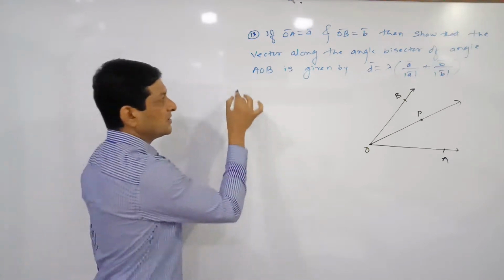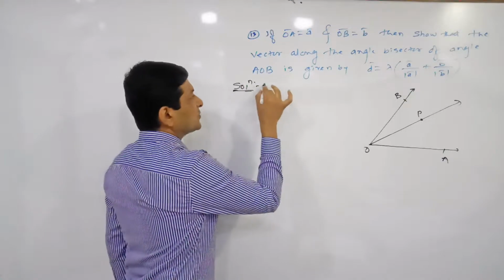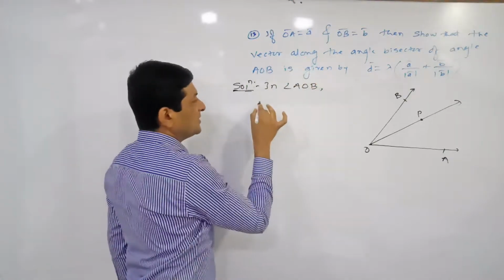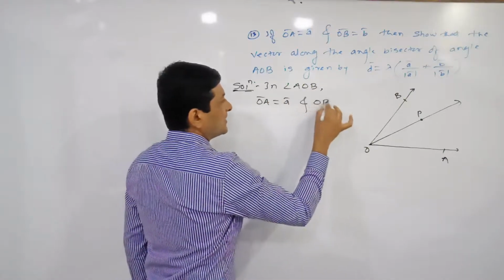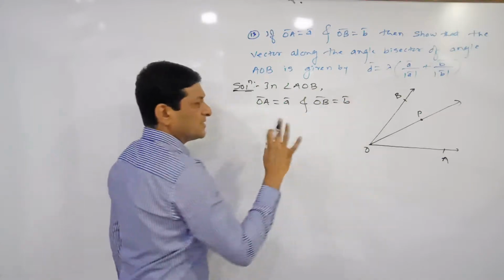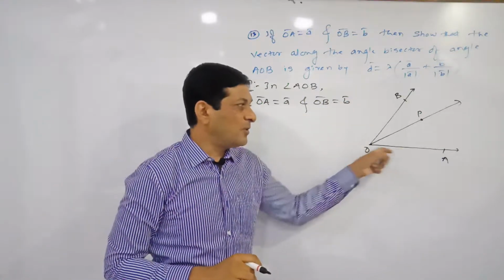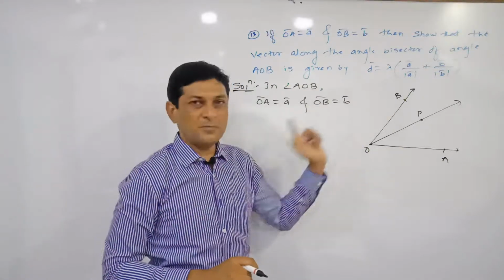So whatever the given conditions are, first write down this given condition. So in angle AOB, what is the given condition? OA bar is equal to A bar and OB bar is equal to B bar. This is the given condition: one angle is given to us and its one side OA bar is denoted by A bar, and OB bar is denoted by B bar.